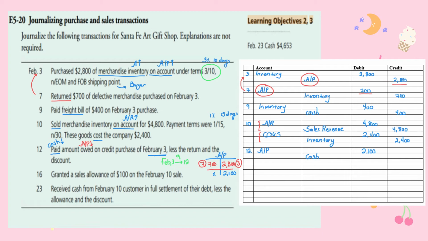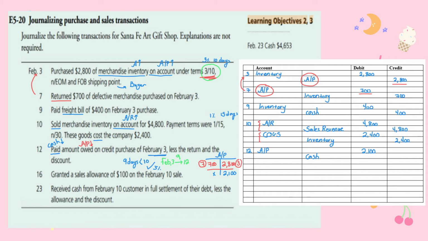So 9 days is less than 10. So I'm going to get a discount of 3%, as mentioned here. So I'm getting a discount of 3%, which means I'm not going to pay the 2,100. I'm going to pay less by 3%.